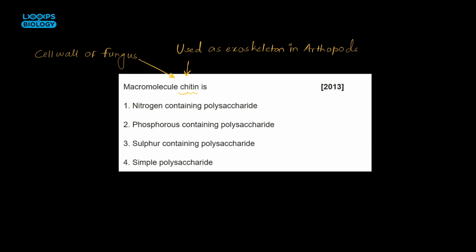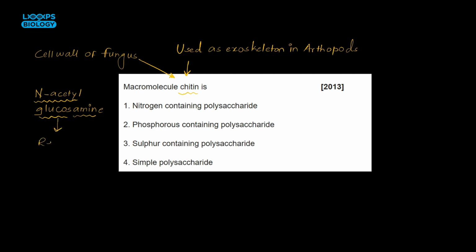Alright guys. So this chitin is made up of N-acetyl glucosamine. Now as we can see, N-acetyl glucosamine means there should be the presence of glucose. And these glucose units are repeating.